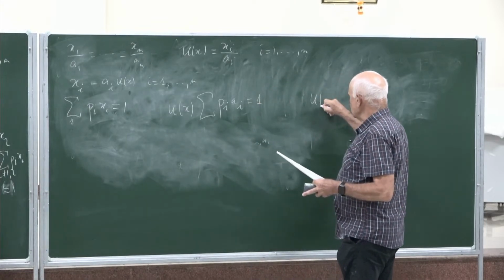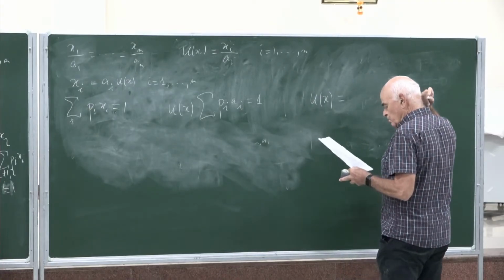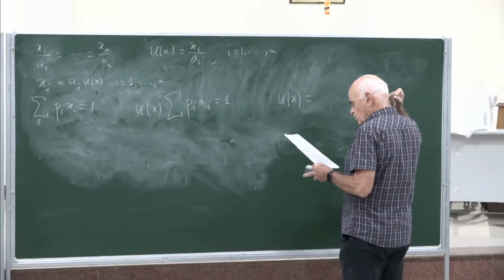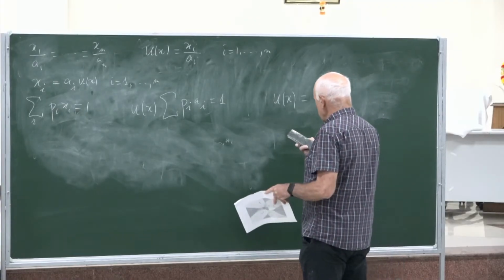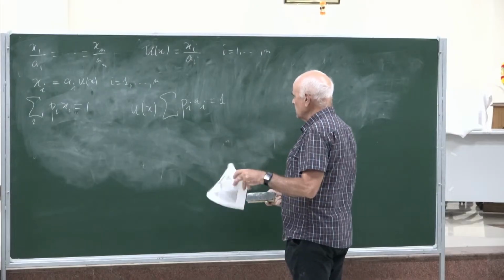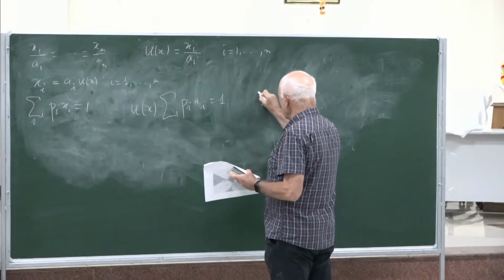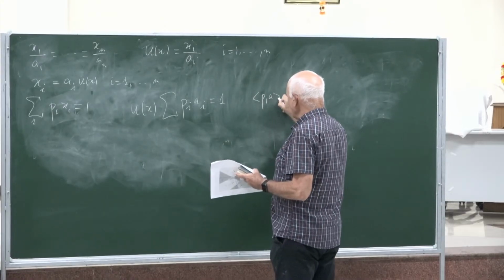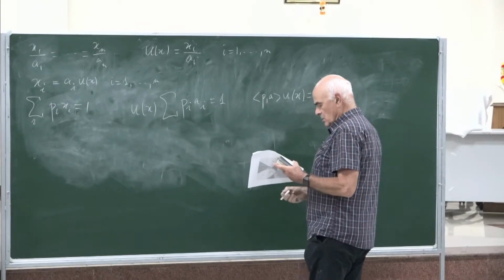So u of x is equal to, or let us simply write, inner product of p and a times u of x equal to 1.